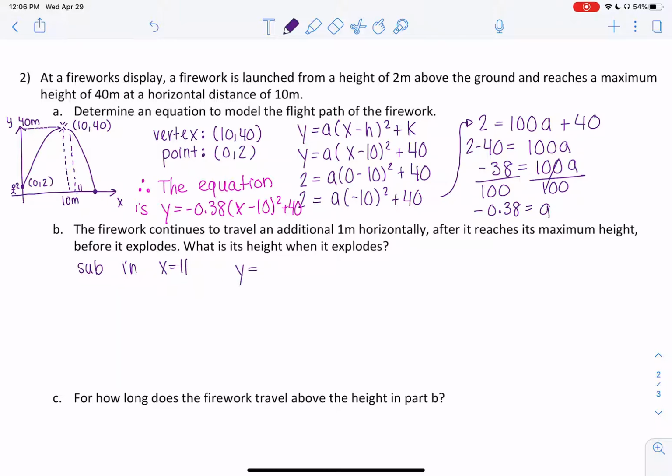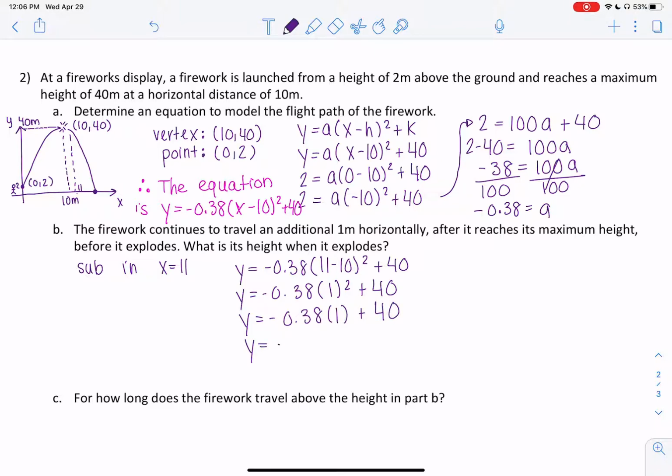So we have y equals negative 0.38(11 minus 10) all squared plus 40. And that means that it is 39.62 meters high when it explodes.